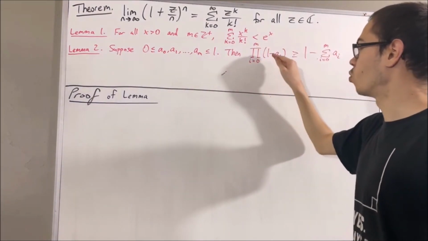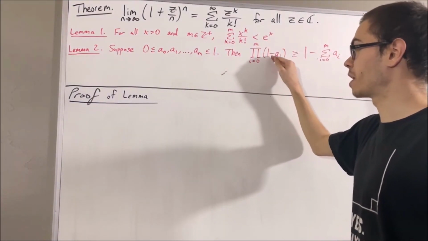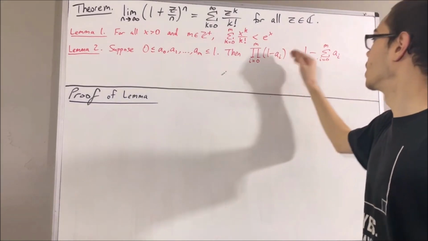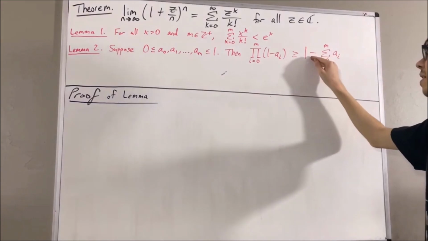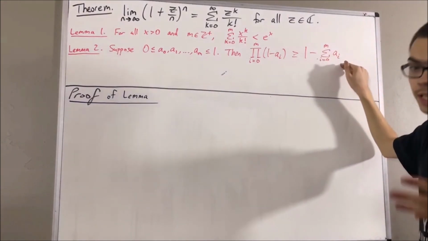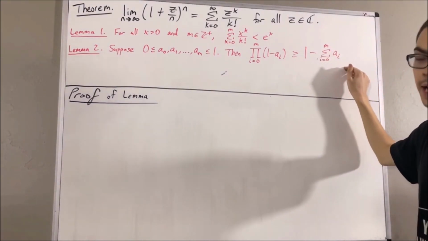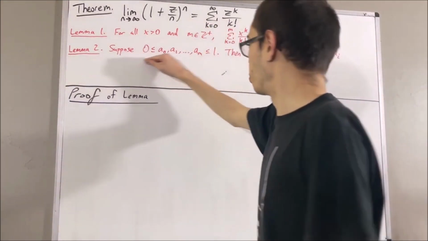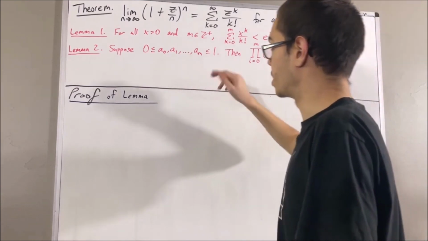Then the product (1 - a0)(1 - a1)...(1 - am) is greater than or equal to 1 minus the sum a0 + a1 + ... + am. So, to prove this lemma, we're going to use induction on m.